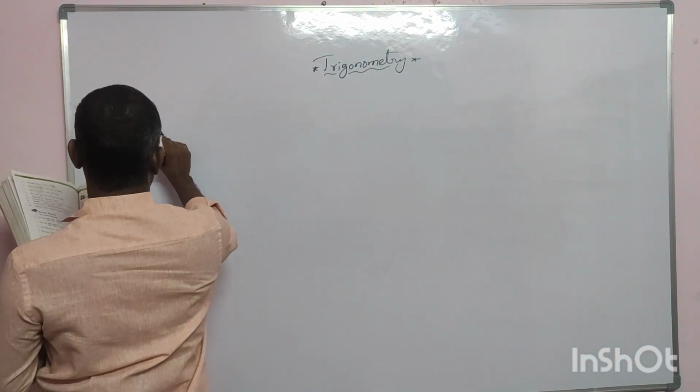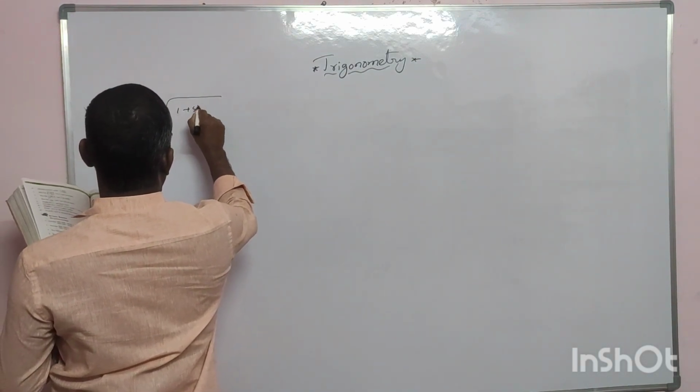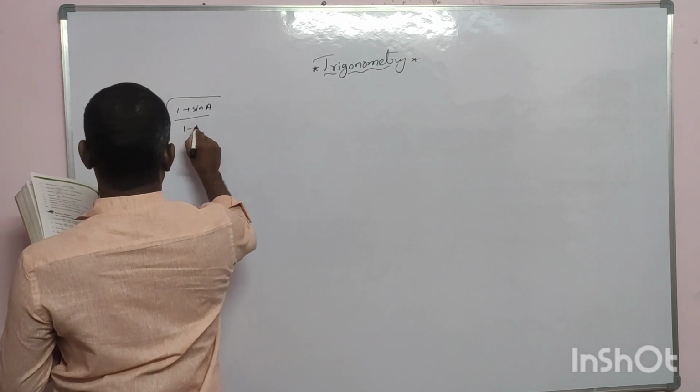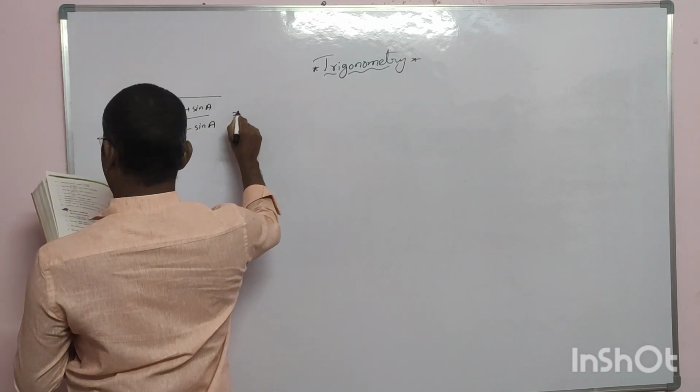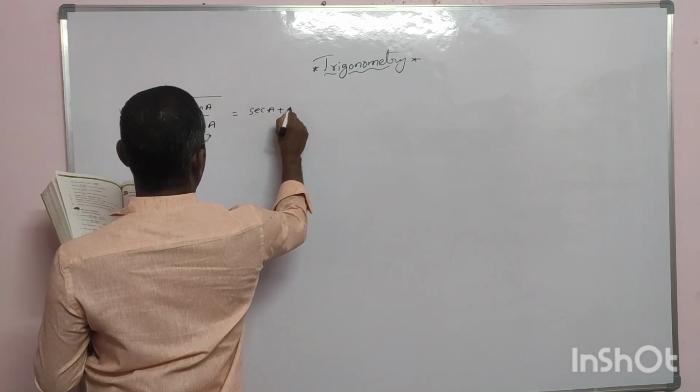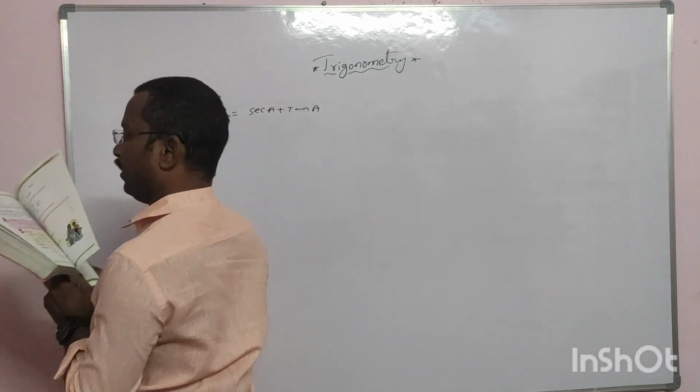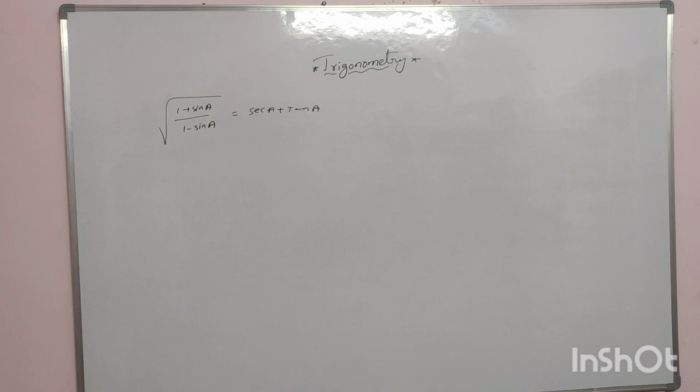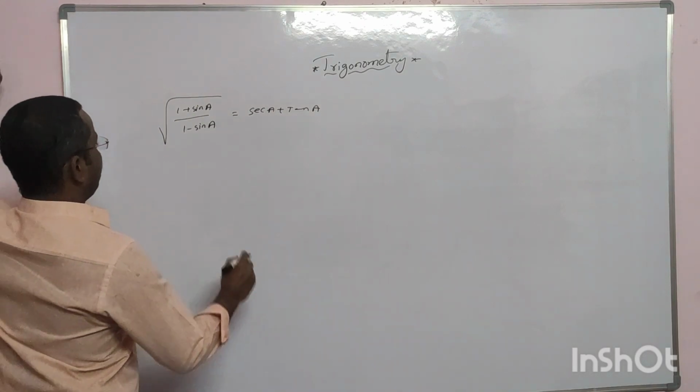And again show that square root of 1 plus sin A by 1 minus sin A is equal to sec A plus tan A. These kinds of questions always involve rationalizing.